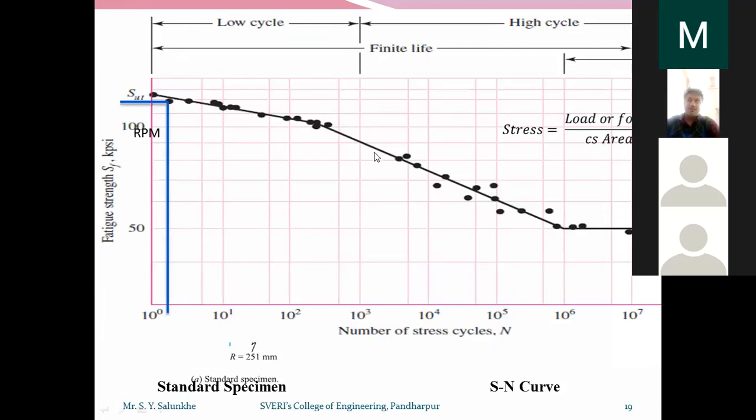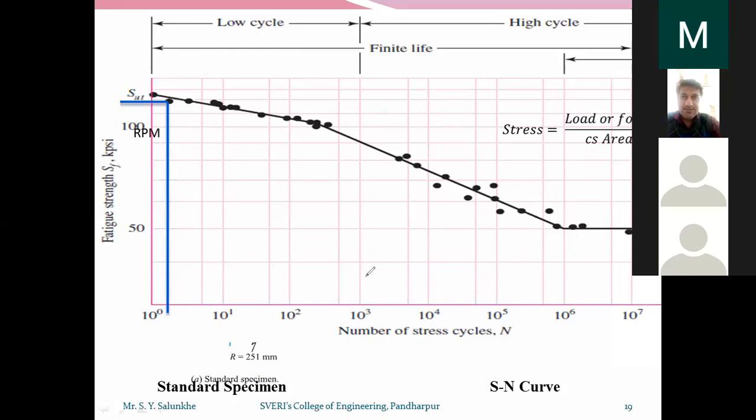Now here you can see this curve for the standard specimen when we create the experiment. On that standard specimen, we can put the value of stress on the y-axis and number of cycles on the x-axis.